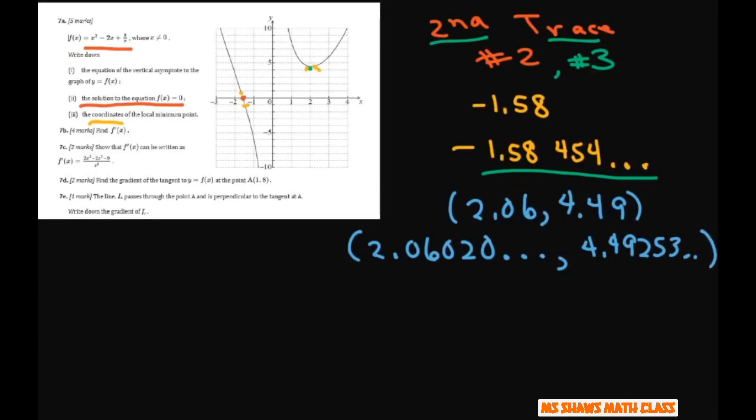All right. Now they want us to find the derivative of our function here. So let's do that. I'm going to rewrite f of x as x squared minus 2x plus 9x to the negative 1. I'm just bringing this x up so I can take the derivative.